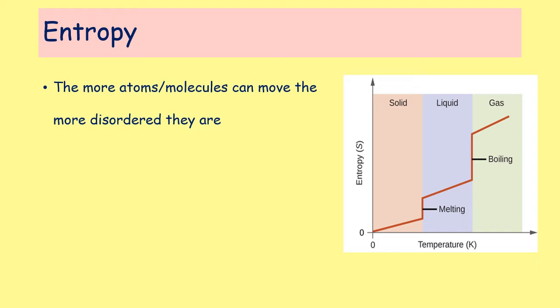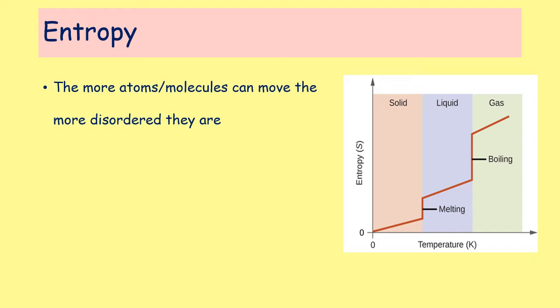So the more freedom that the molecules or atoms in a chemical have to move about, we describe that as being disordered. If things are fixed in one location and cannot move, that's what we would describe as being ordered. Disordered is having the freedom to move. And the more ways in which molecules or atoms can move around, the more disorder they have and the higher the entropy they have.